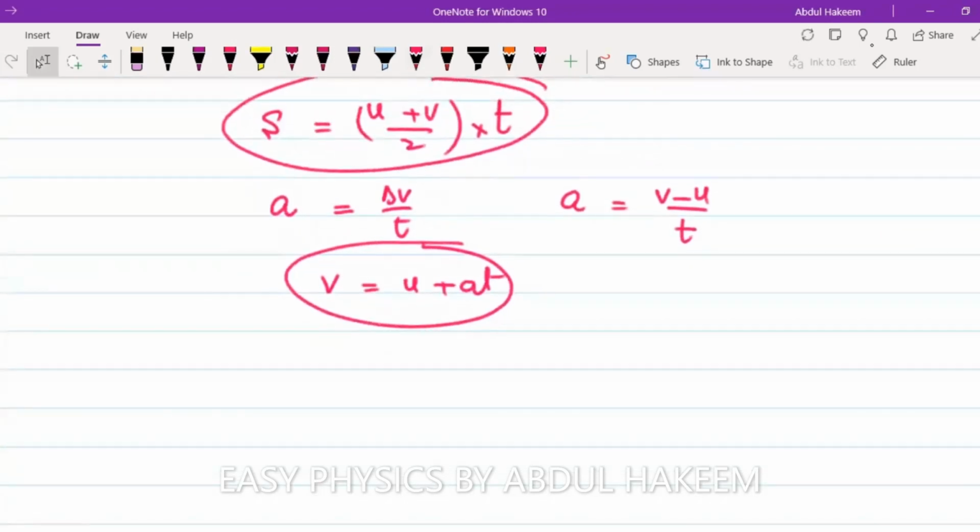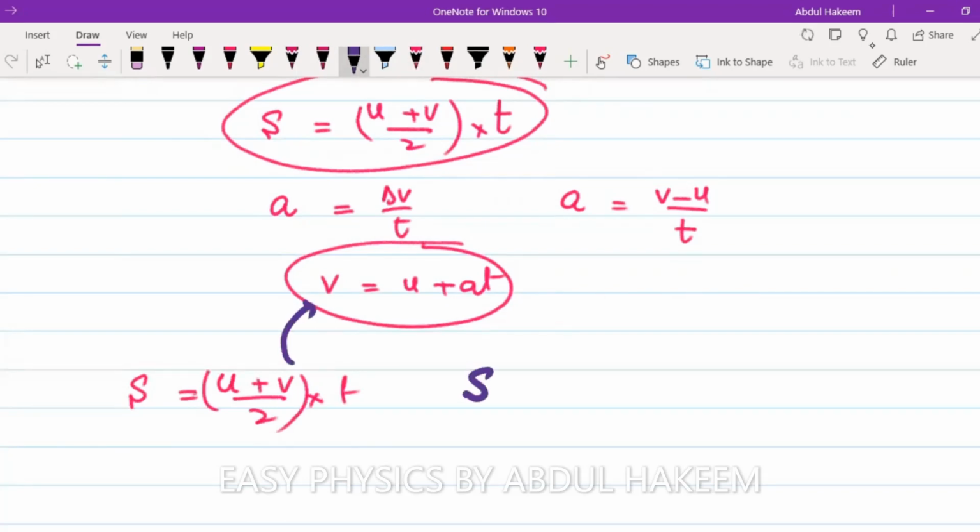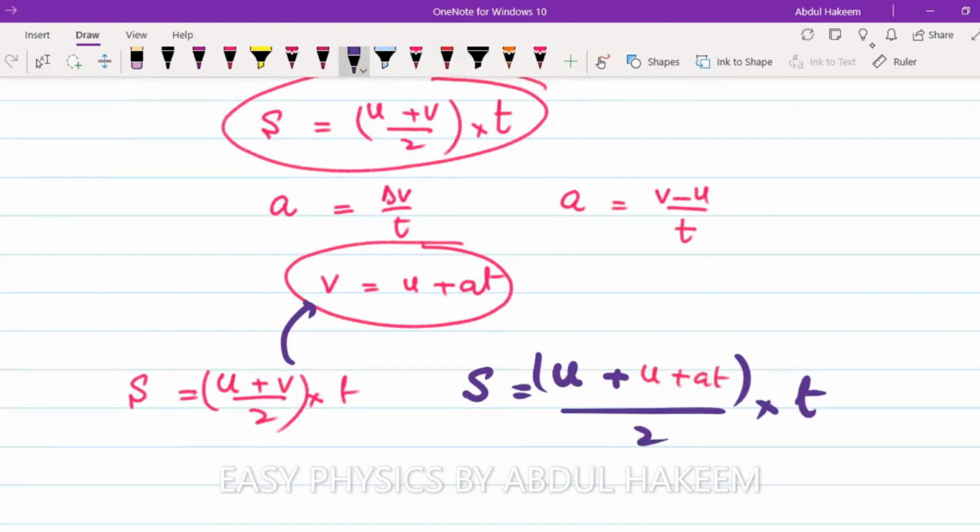For example, for the second, s is equal to (u plus v) divided by 2 times t. Now, substitute this v from this equation first. S is equal to u plus, instead of this v, you can write u plus at, divided by 2 into t.